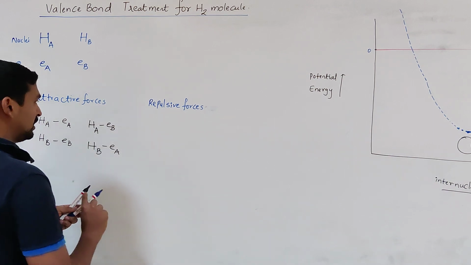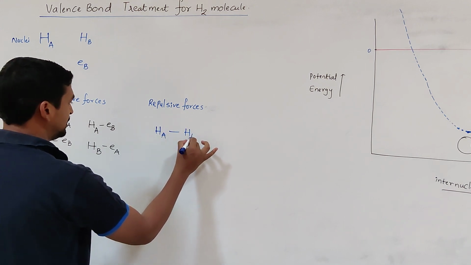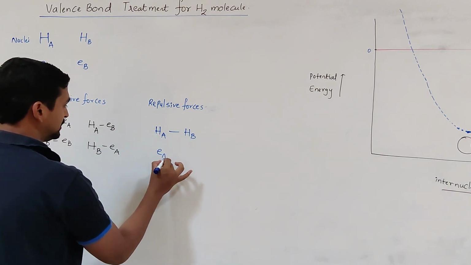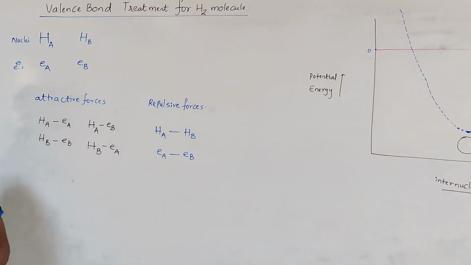That's why repulsive forces exist between the two nuclei HA and HB, and between EA and EB. So these are the attractive and repulsive forces operating between the hydrogen atoms in the formation of the hydrogen molecule.